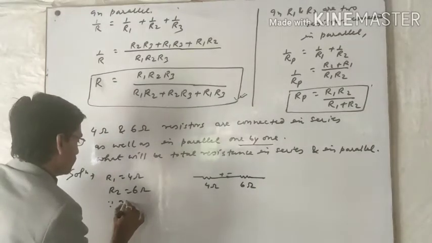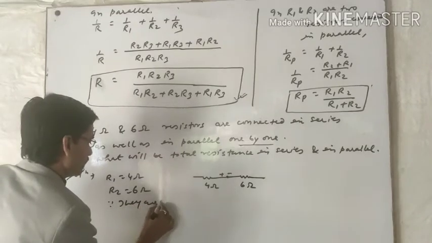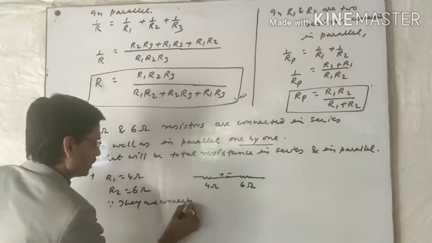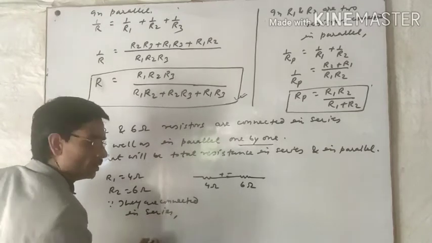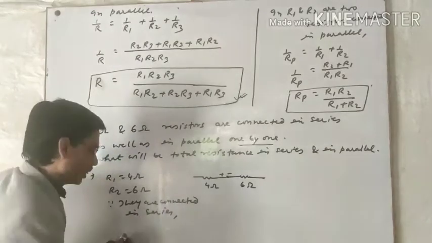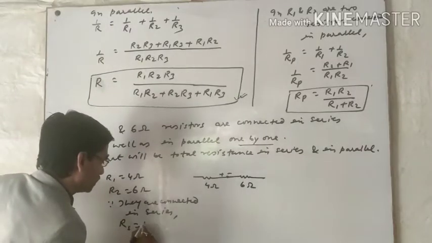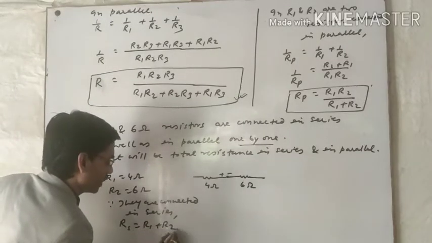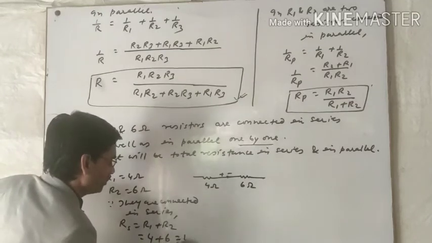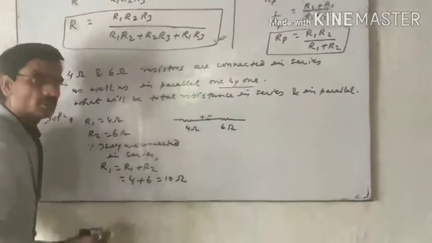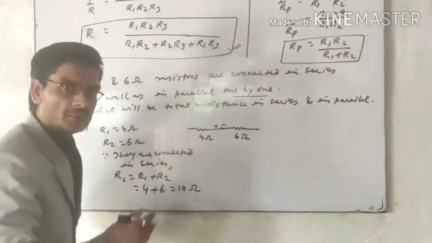Since they are connected in series, you know very well what the formula will be. So Rs equals R1 plus R2. Put the values, 4 plus 6, that will be 10 ohm. Half part of the question has been solved.